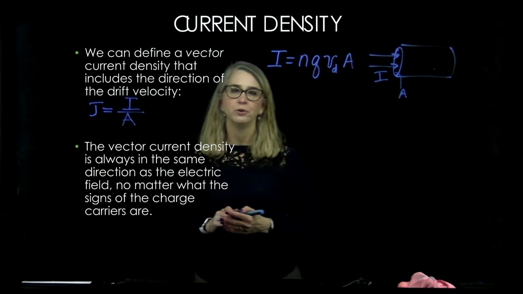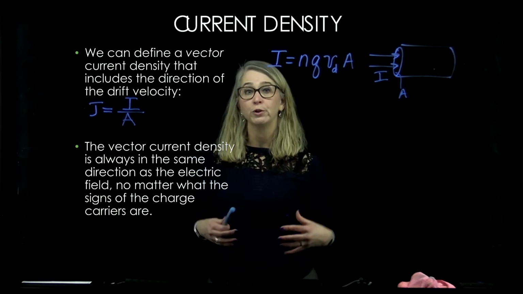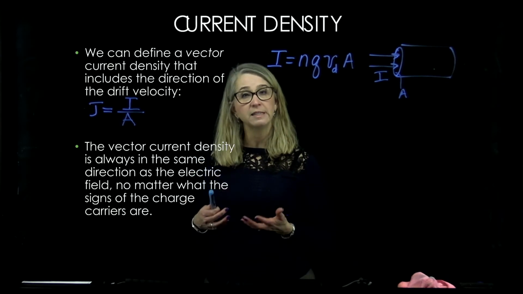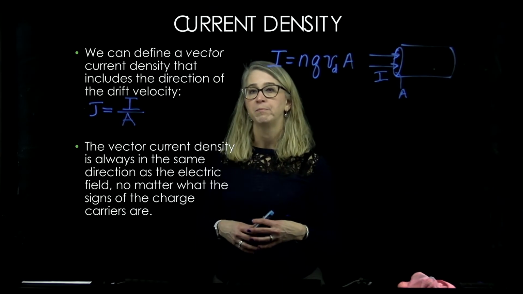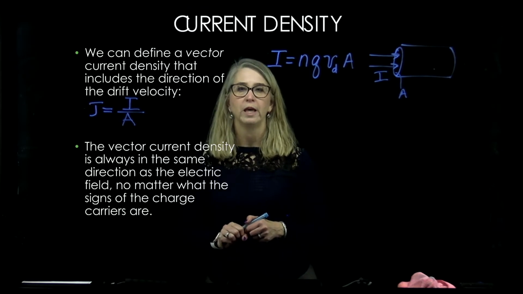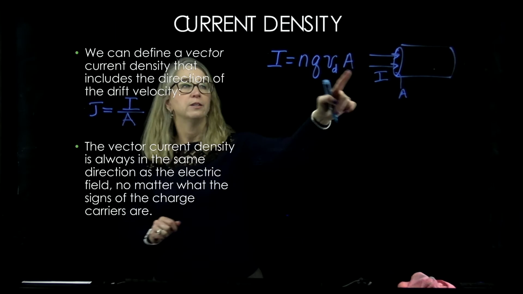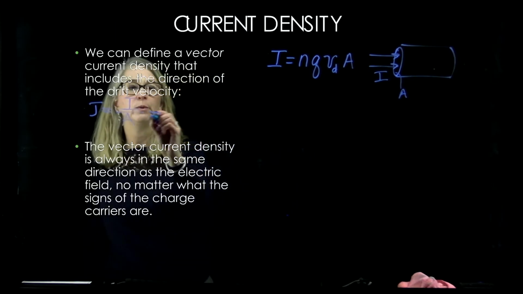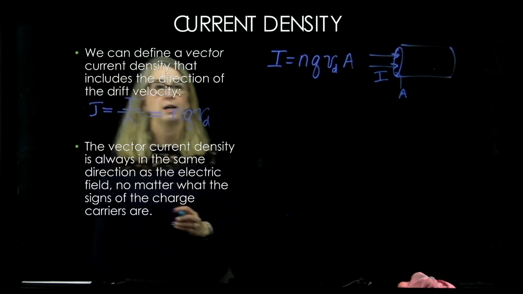I know that usually density is a measure of something per unit volume, but for current density, it's the measure of current per unit area. And so again, we use the letter J to represent that. And if we look at this expression and divide by A, we can see it's equal to NQ times the drift velocity.